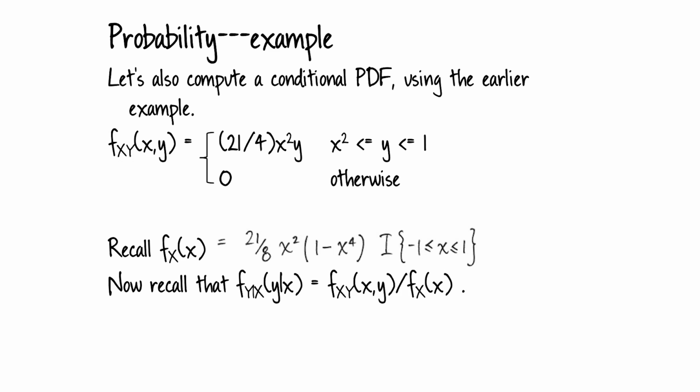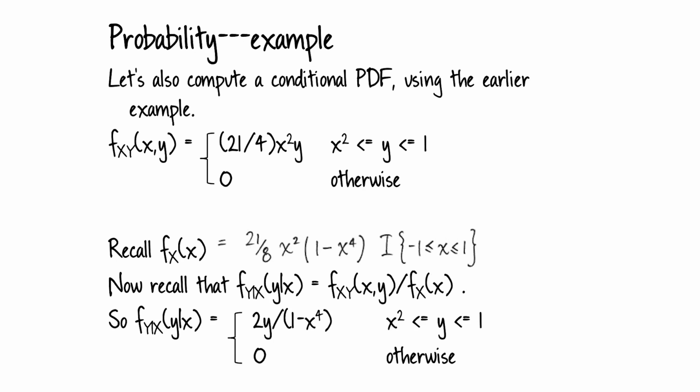Okay. So we've got the marginal PDF of x. Recall that this is the formula for calculating the conditional PDF. And this is the joint PDF up here. So we have everything we need to calculate the conditional PDF. And this is what we come up with.